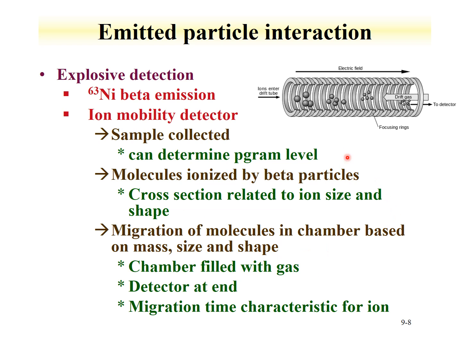ionized molecule then enters the chamber. The chamber is partially filled with a gas. The pressure can be varied, but you have a drift gas. The molecules then move along the chamber, and they separate within this drift gas.